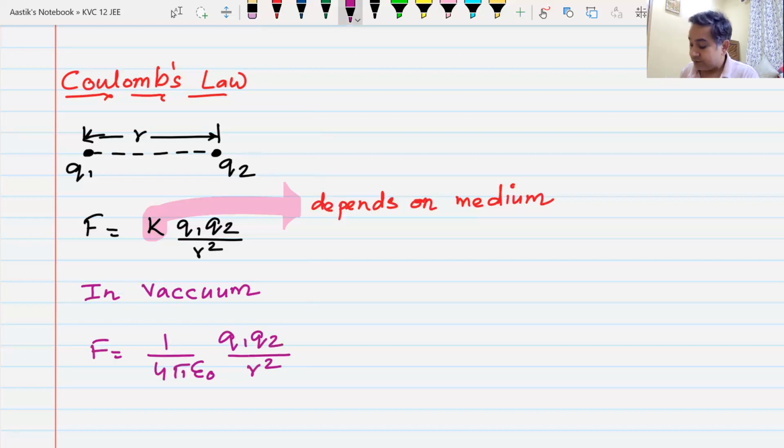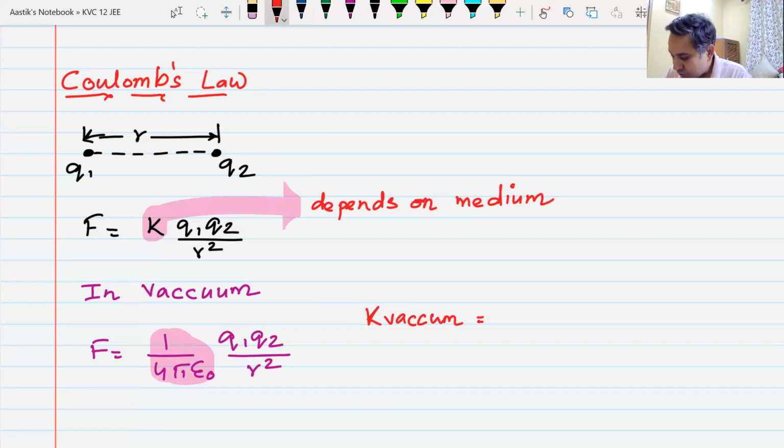So your K for vacuum becomes 1 by 4 pi epsilon naught. Do we understand this? When I calculate this value of 1 by 4 pi epsilon naught, it will come same as 9 into 10 raised to the power 9 Newton.